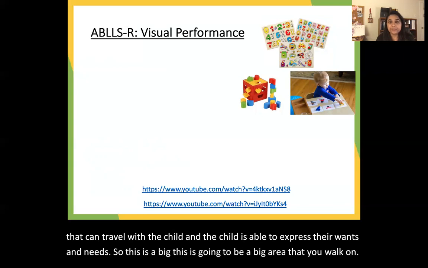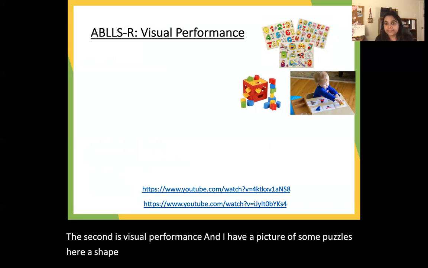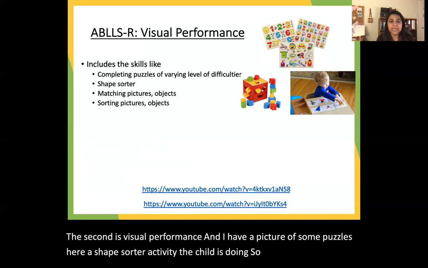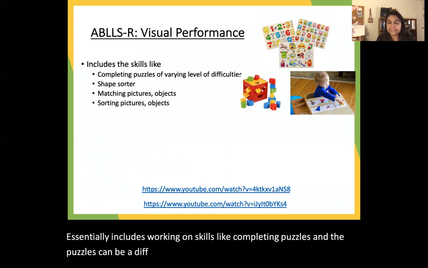The second is visual performance, and I have a picture of some puzzles here, a shape sorter, a matching activity that a child is doing. Visual performance includes working on skills like completing puzzles, and the puzzles can be of various difficulties, and shape sorters, like I said, matching pictures.